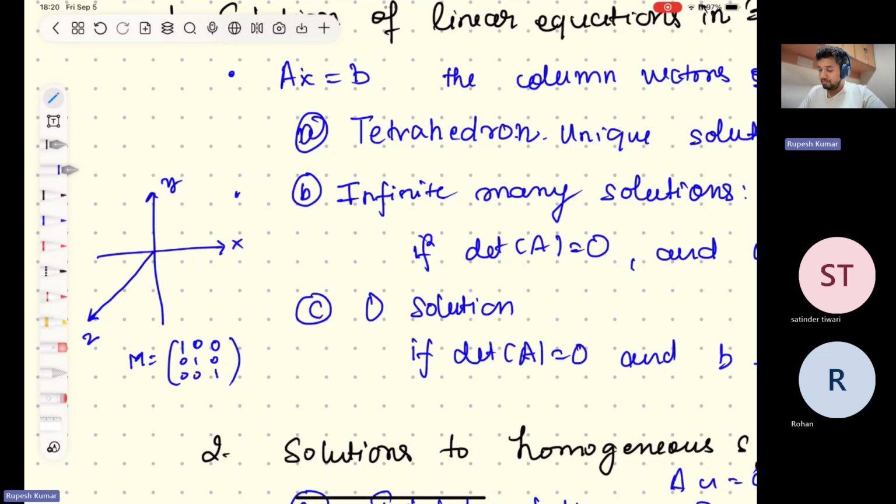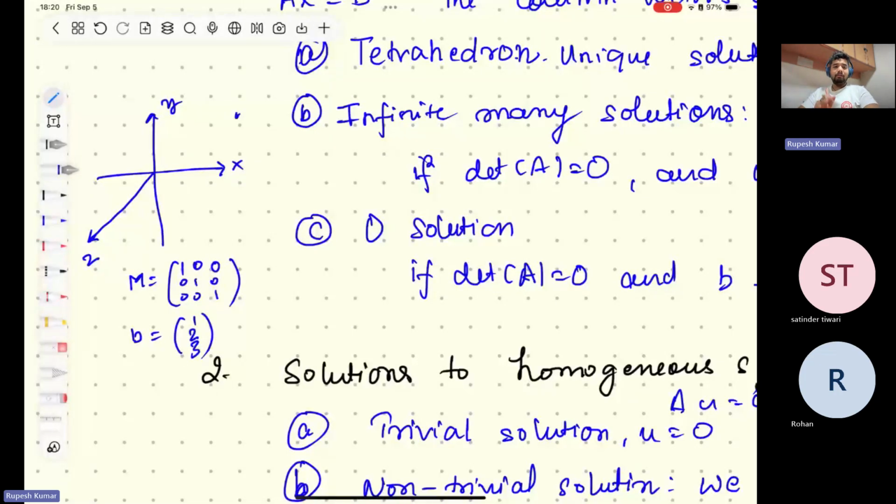Let's say I'm taking a vector B as 1 2 3. In how many ways can you write this vector 1 2 3 as a linear combination of these three vectors, 1 0 0, then 0 1 0, and then 0 0 1? Anyone please answer this. Only one way, right?